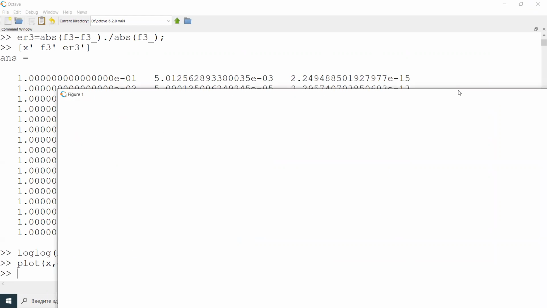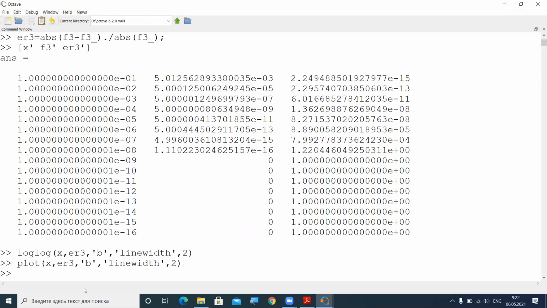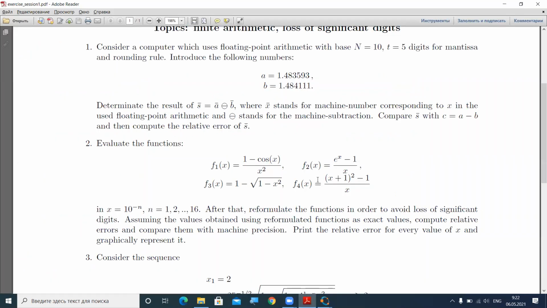Good. Now let's continue, if it's clear. So let's do now f4. The same work, and here it's very easy. We just need to open the brackets in this case.